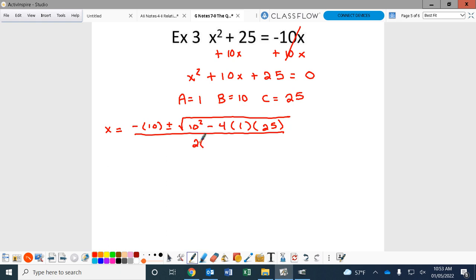Which one are we multiplying by on the bottom? 2 times 1. Okay, so guys, the opposite of 10 is going to be negative 10, plus or minus the square root of.